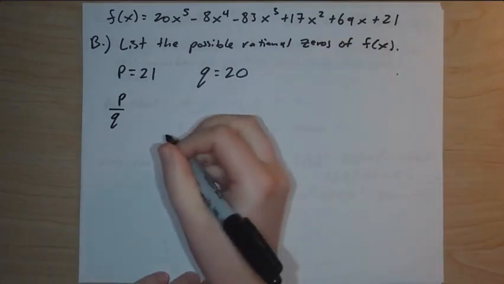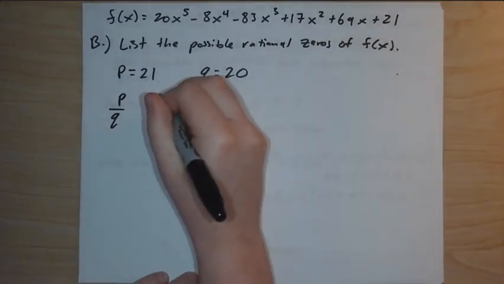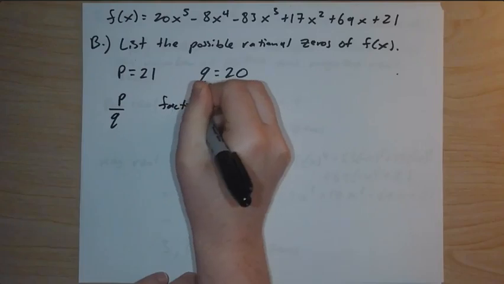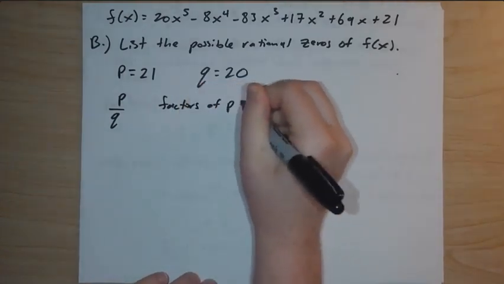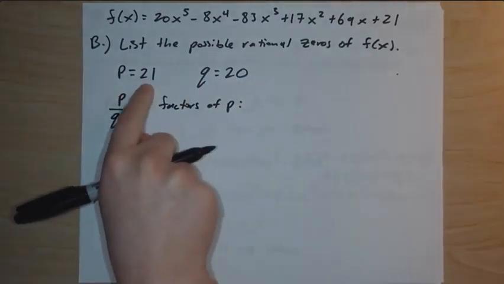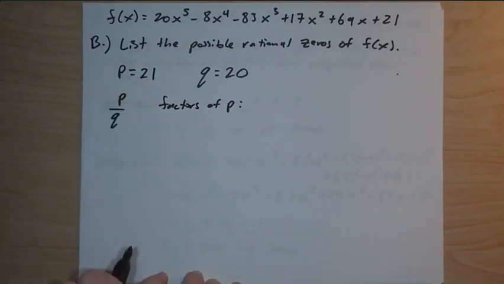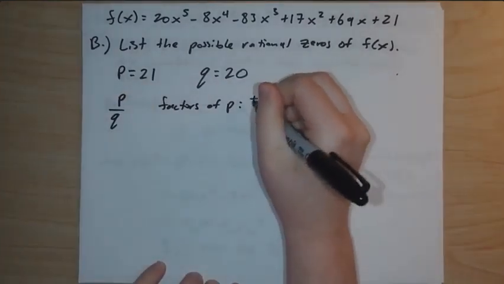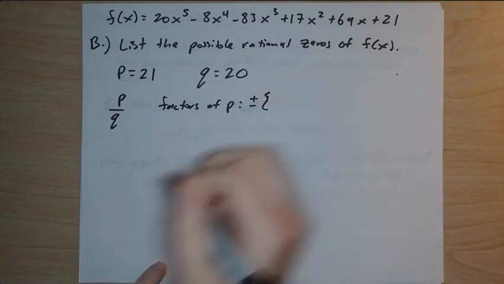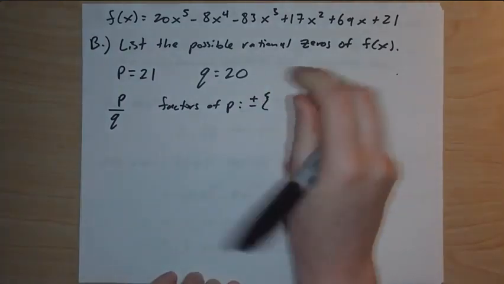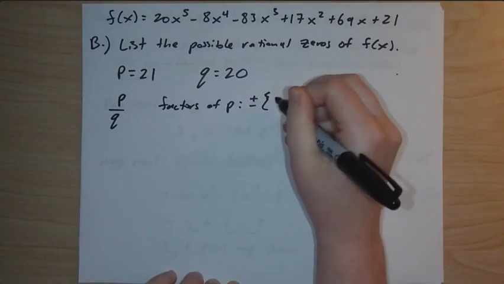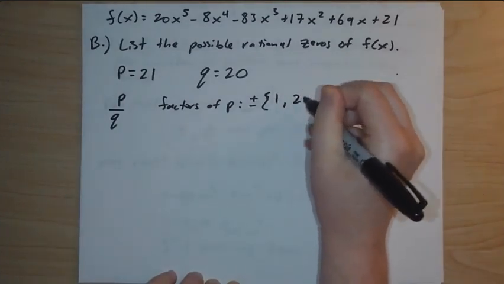So we're going to first look at the factors of P. We have 21, so the factors of 21 are going to be plus, minus, because they can either be positive or negative. 1 times 21 is 21, so we have 1 and 21.